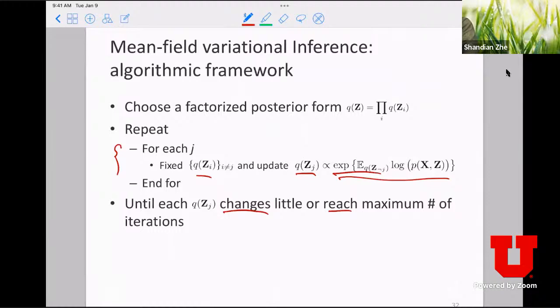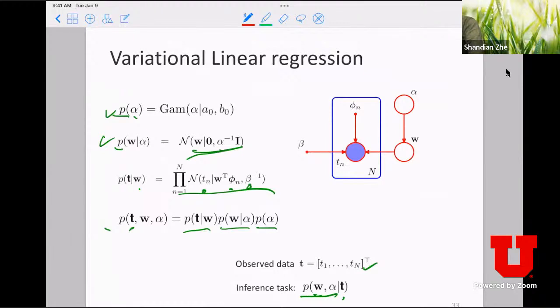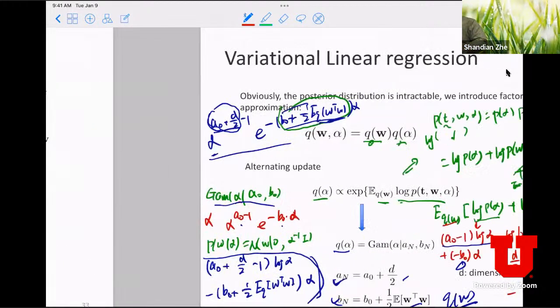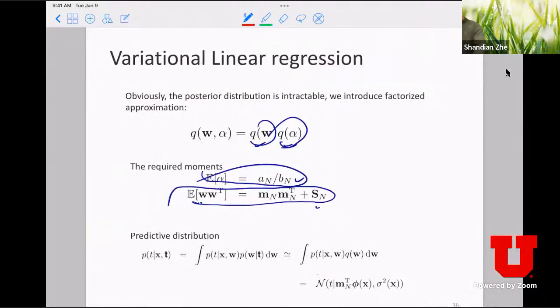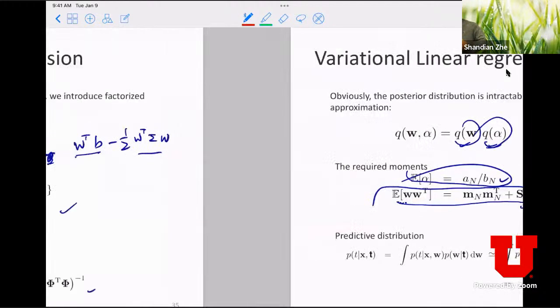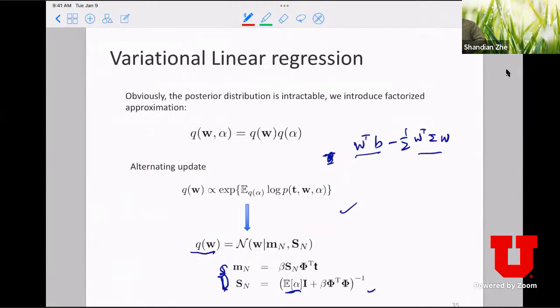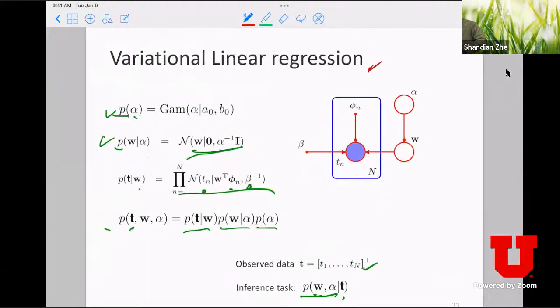We have showcased in variational linear regression how we conduct this mean field update. I'm not going to repeat this, but again, I highly recommend everyone try to derive these updates. Actually, in most cases, you will not need to do the normalization by yourself.